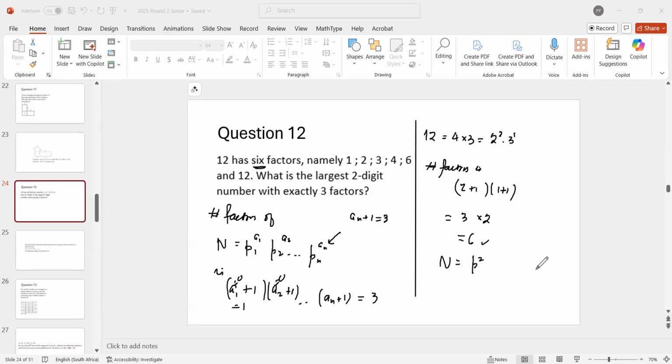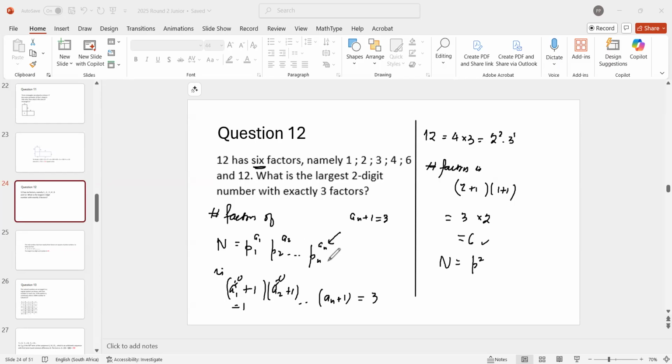Okay, now you have to just go over that again. The argument is that to get a product equal to 3, 3 is a prime number. So all of them are 1, so each of the indices is 0. So there's only one prime factor, and all the others are 1.